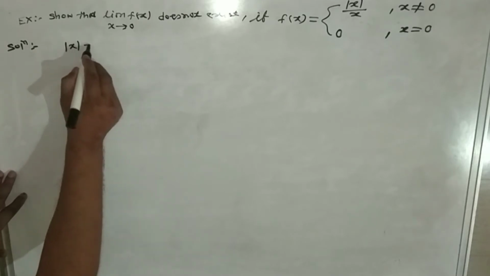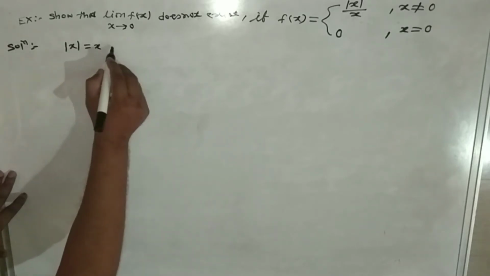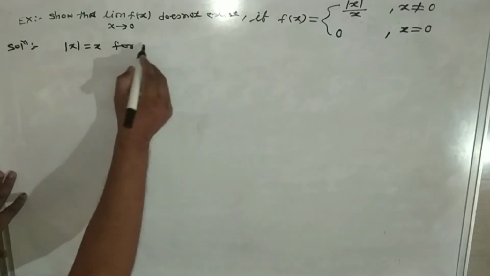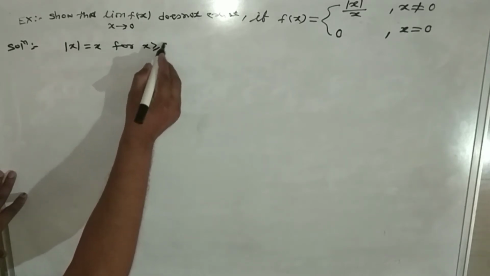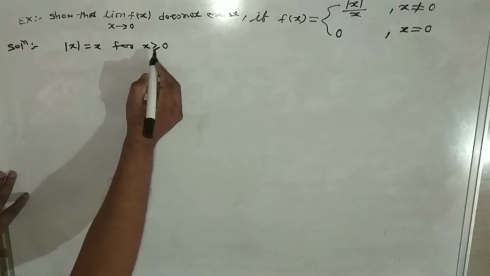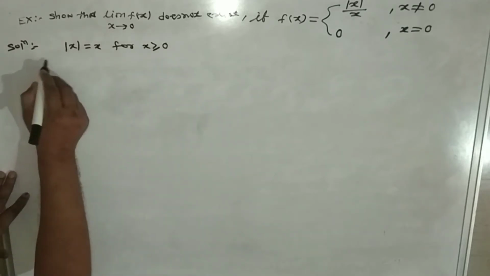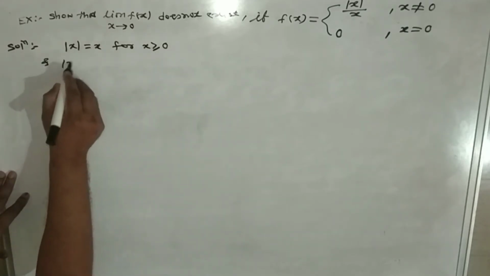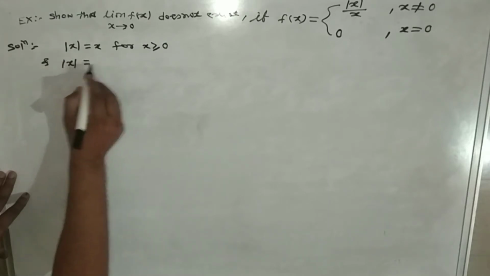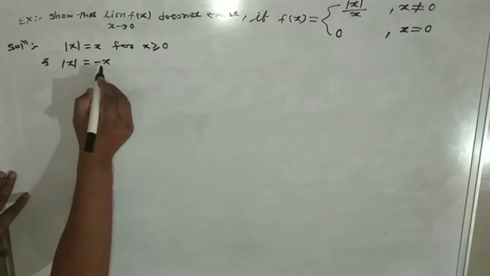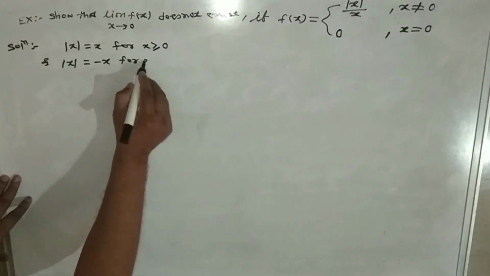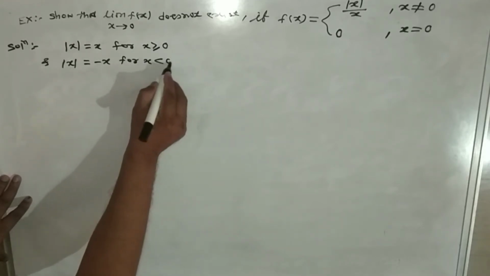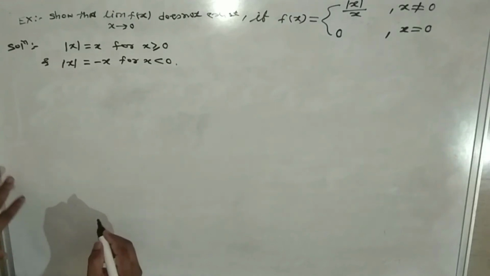Mod x is equal to x for x greater than or equal to 0, and mod x is equal to minus x for x strictly less than 0.